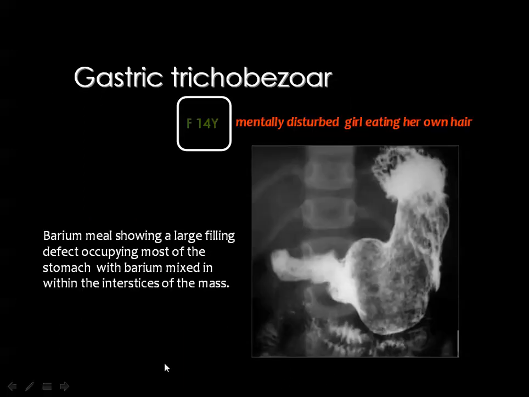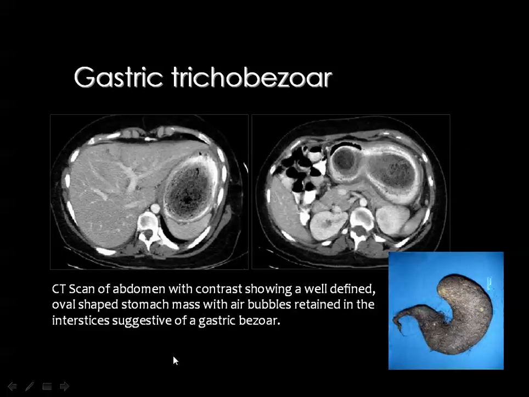And this is a 14 year old female who is mentally disturbed, eating hair. You can see that the stomach is distended with a large mass of foreign material, of course made of hair inside the stomach. And you know that in order to get rid of this bezoar, you should have surgery, and the stomach should be evacuated from this massive accumulation of hair, as you can see.